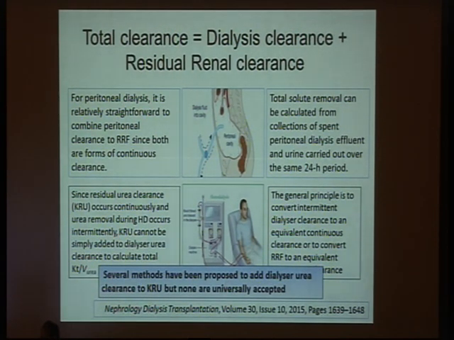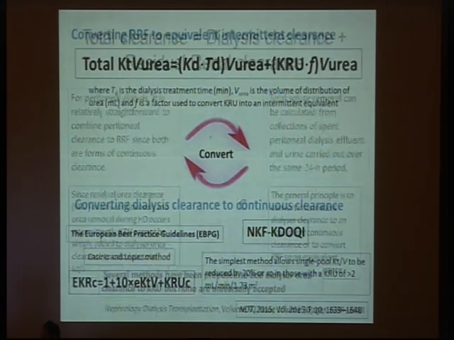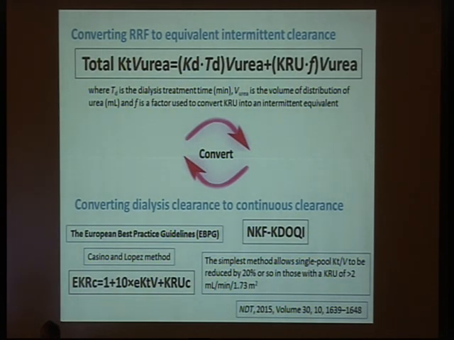Several methods have been proposed, but none are universally accepted. So here we have to either convert the continuous residual renal function into an intermittent clearance, or convert the dialysis clearance to a continuous clearance using the available equations.